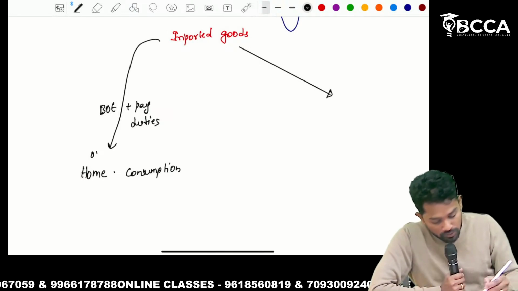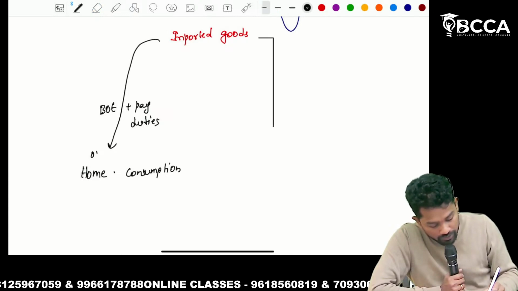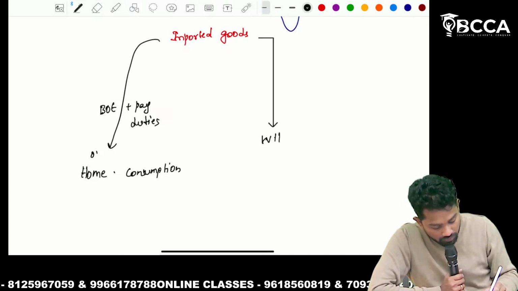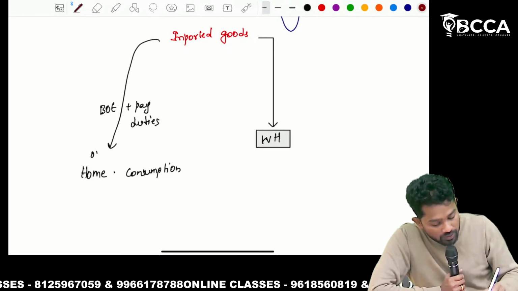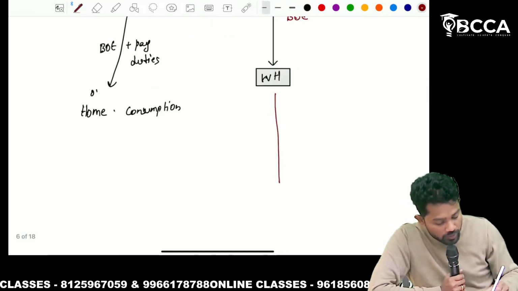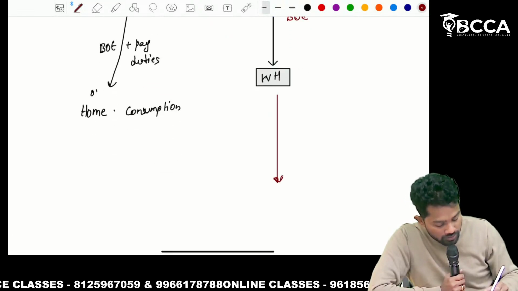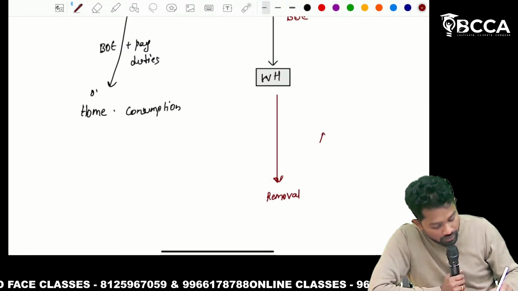So these imported goods, you can even keep them in a warehouse. While keeping them in the warehouse also, you need to file a bill of entry. And then from the warehouse, again you will be removing them for home consumption. Again for removal also you will be filing a bill of entry.